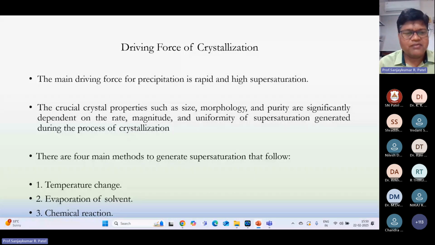So you can tailor the temperature, you can tailor the concentration of the solvent, and you can control a reaction, and by doing the reaction you can form a product that is insoluble in the particular reaction medium, so it will come out as a solid phase. So by doing a chemical reaction we can also make a particular product.